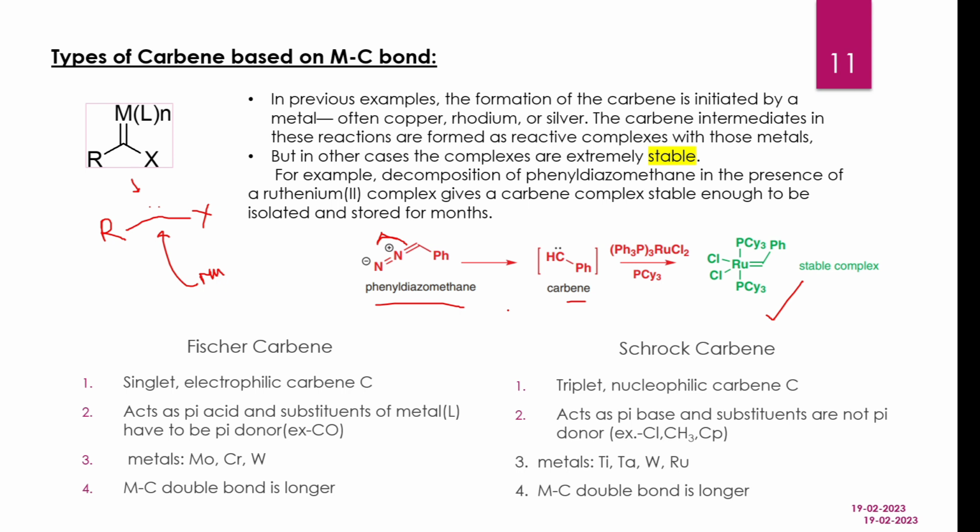In the case of Fischer carbene, it acts as a pi acid. As it is electron deficient, as it is getting attacked by a nucleophile, it is a pi acid, and the substituents on the carbene atom have to be pi donor.